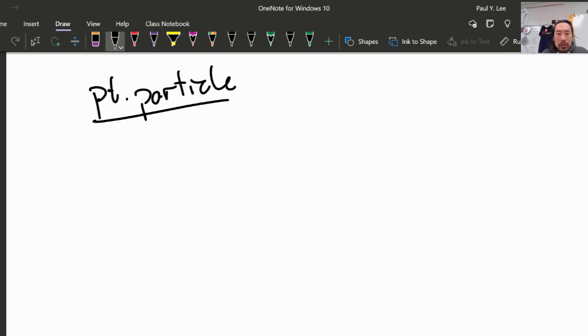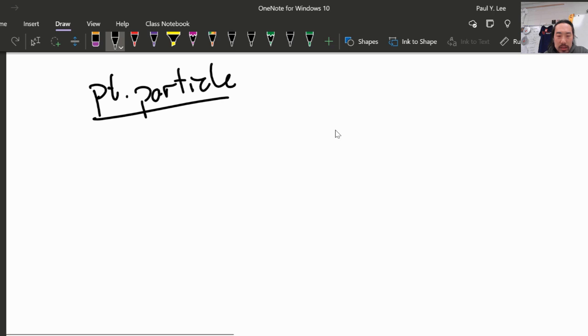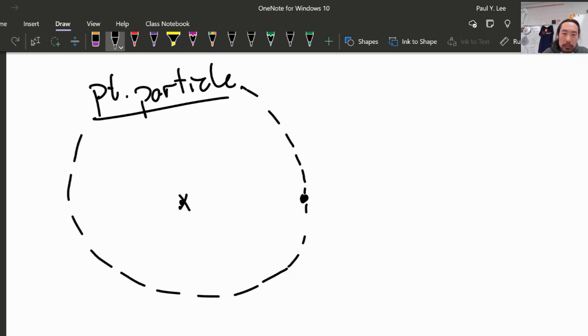If we were to sketch this scenario, we would have an axis of rotation right there, and a point particle moving around in a circle, like so. Let's say this object is moving up with a translational velocity, vt, and it is at a distance away from the axis of rotation called r.